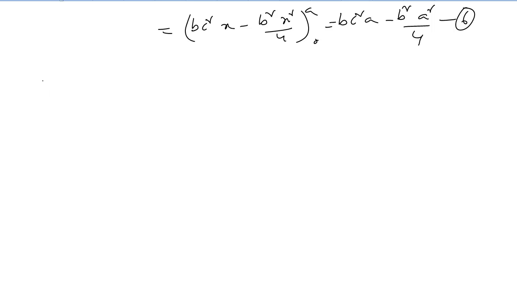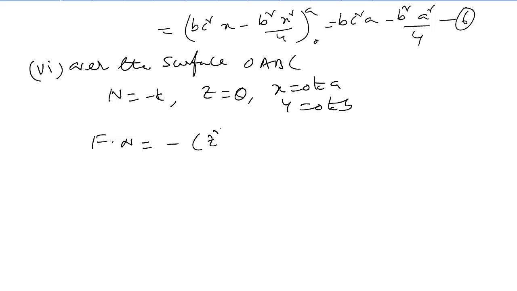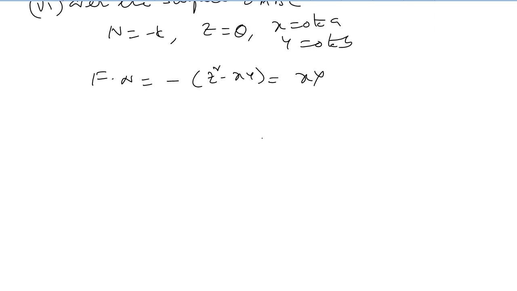Now last surface, over the surface OABC, backside surface, n equals minus k, z is 0, x is 0 to a, y is 0 to b. F dot n equals minus of z square minus xy, that is, z is 0, so xy.